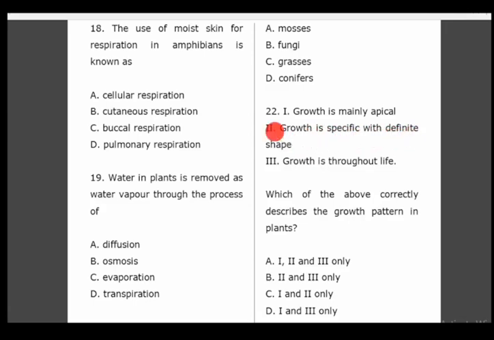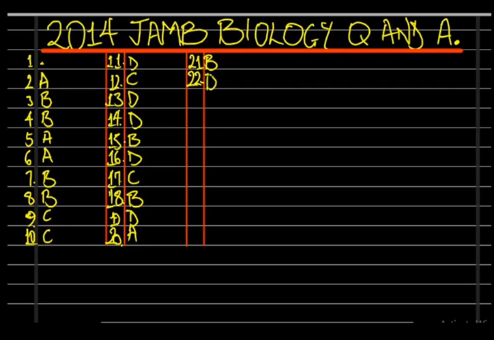So Roman numeral 2 is wrong. And then Roman numeral 3 says growth is throughout life. Yes, growth in plants is throughout life. Growth in plants is indefinite. So we have Roman numeral 1 and Roman numeral 3 as the answers to our question, and that is option D. So 23 now.